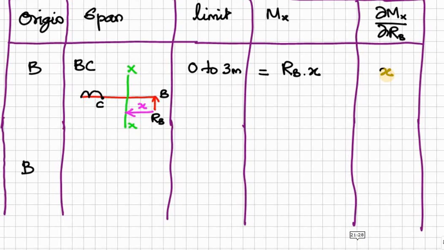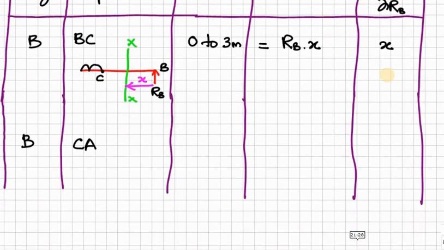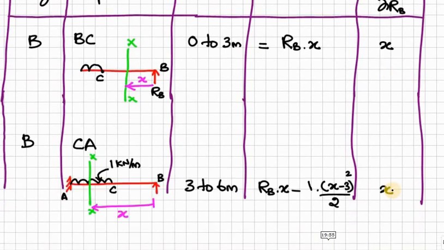Similarly, we consider the next span, CA. Here also we consider B as origin, that is, we are measuring distance from B. That's why X is from here to here.